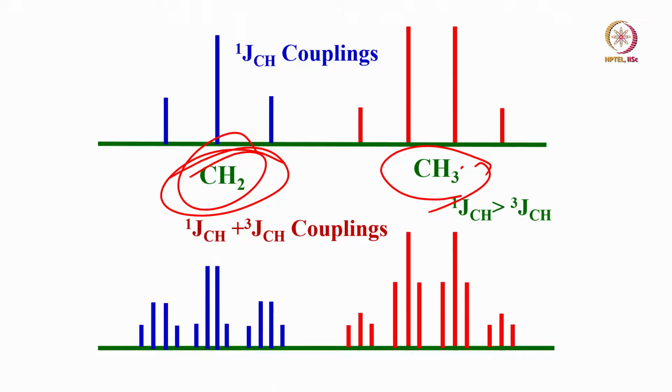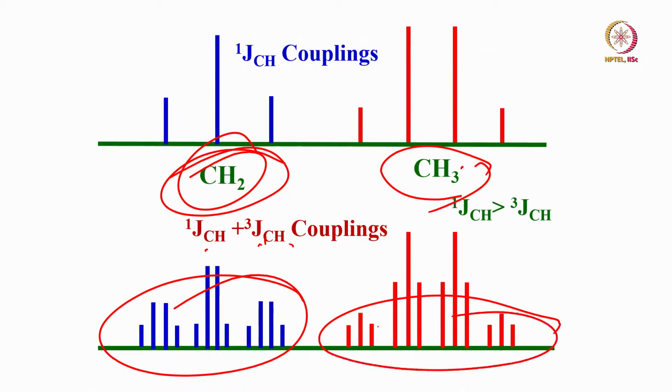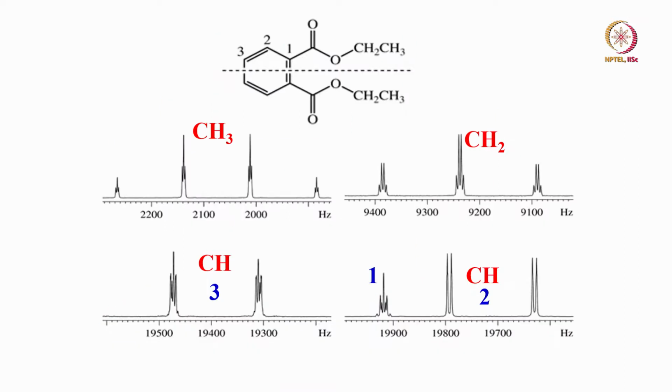Now if you take proton and carbon, it is one bond CH and two bond CH couplings. If you consider remote carbon proton couplings also, then you get a triplet of quartets and a quartet of triplets. This is the real spectrum you should see for ethyl alcohol. So this is a realistic molecule.